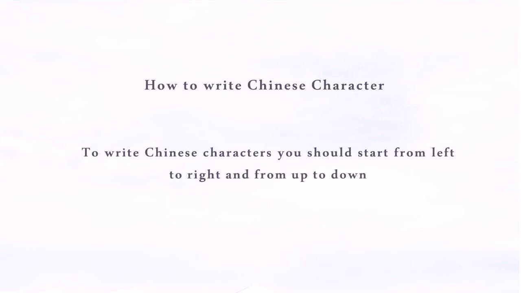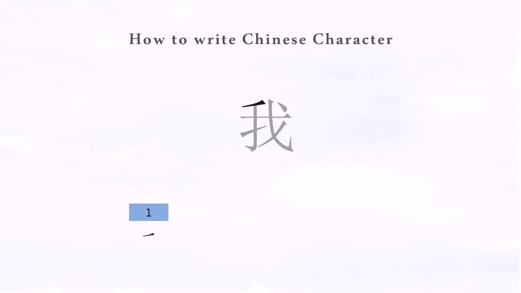Now, let's go and see the technique to write the Chinese character. To write Chinese, you should start from the left to the right and from up to down. Examples. We learned the word 我, which means I or me in English.